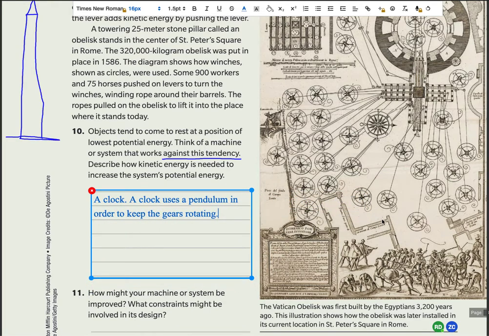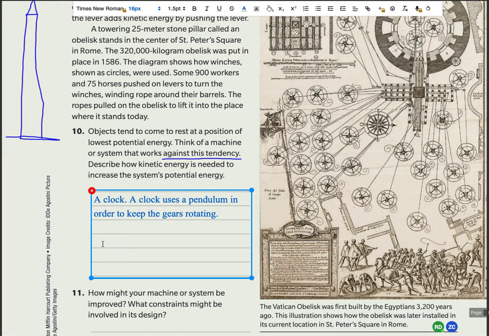So an old school type of clock has the pendulum that's rocking back and forth constantly. And that's an example of trading kinetic energy for potential energy. So it goes down and it gets kinetic energy, and at the bottom it has the most kinetic energy and the least potential energy, and then it goes up, and then it's trading back and forth.